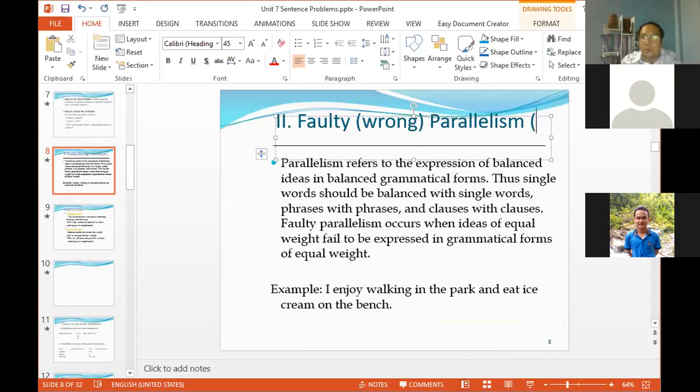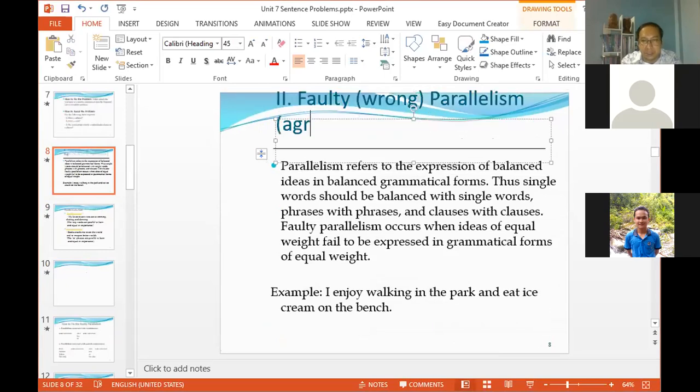Parallelism means the same, we have the same form. So when we say faulty parallelism, we are talking about a sentence that doesn't have the same form.